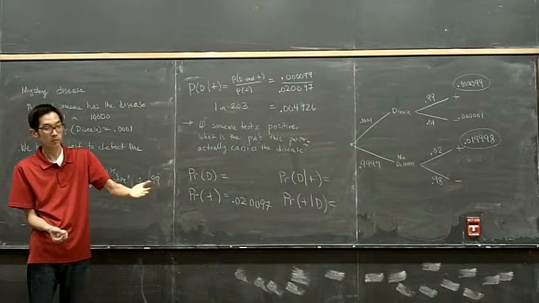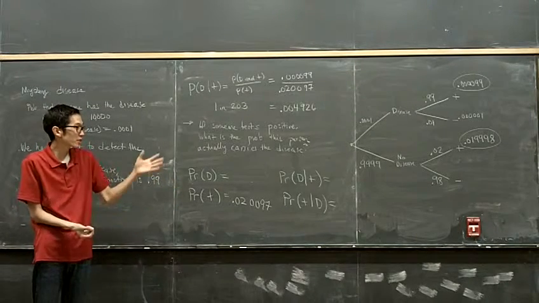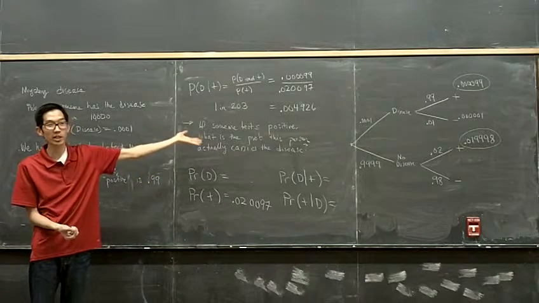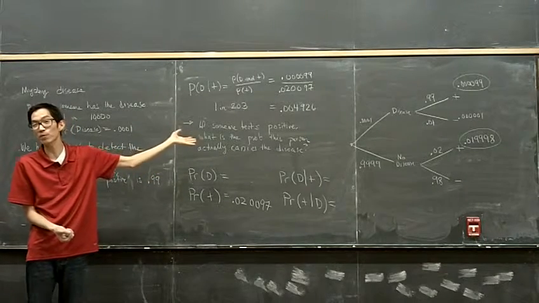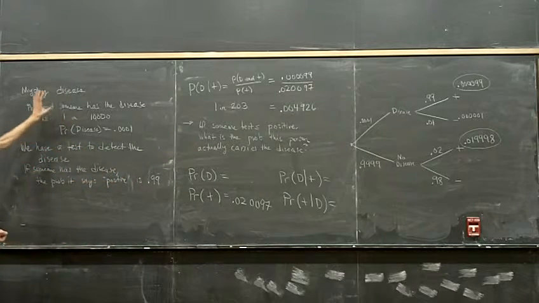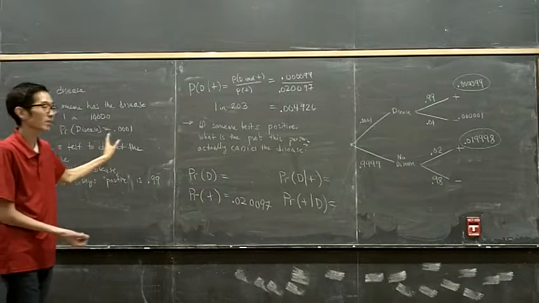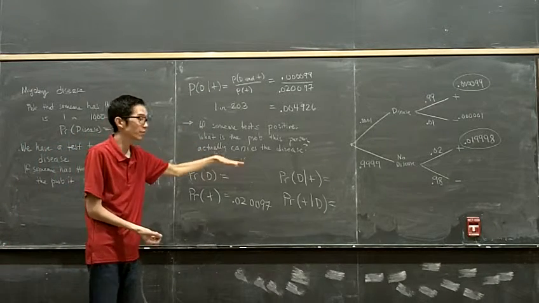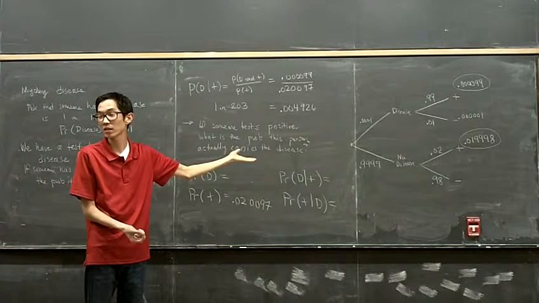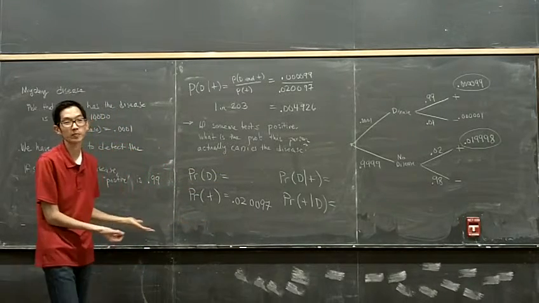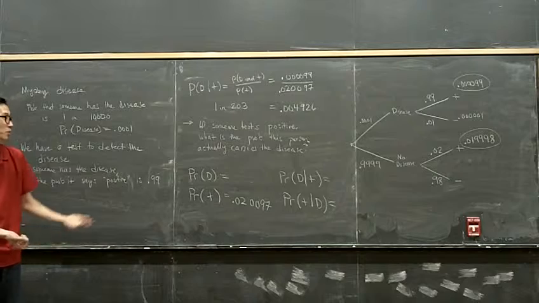But it turns out that even if somebody tested positive, it's still more likely that they don't have the disease. The reason is that the disease is so rare that it's more likely that you are one of the false positives of the test than to actually be a disease carrier. That's what we've got going on.